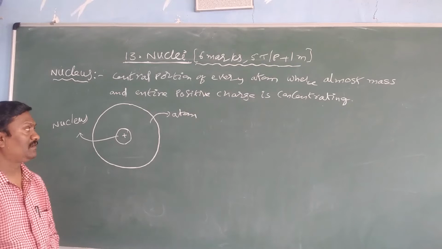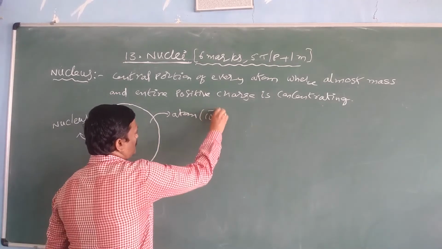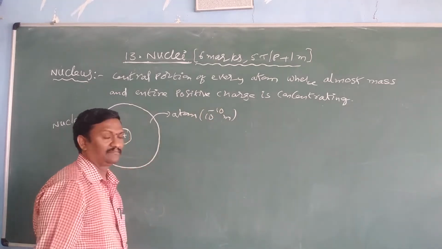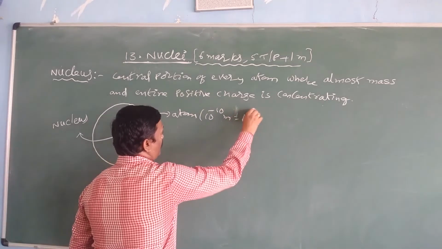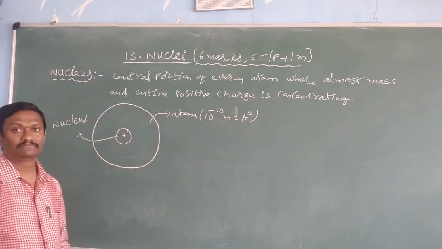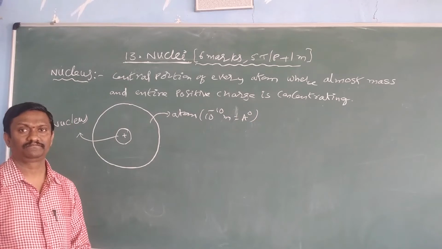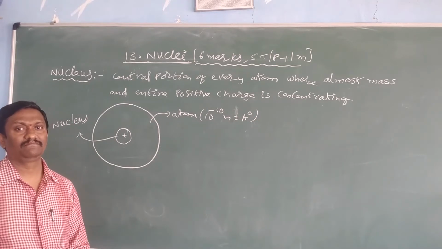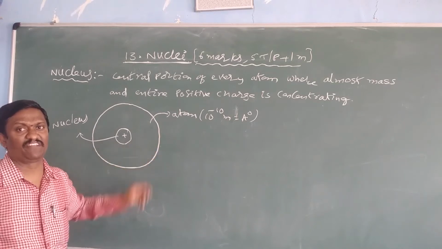Experimentally we know the size of every atom is of the order of 10 power minus 10 meters. The size of an atom is also expressed in terms of angstroms. 1 angstrom means 10 power minus 10 meters. Compared with the size of the atom, the size of the nucleus is very, very small.